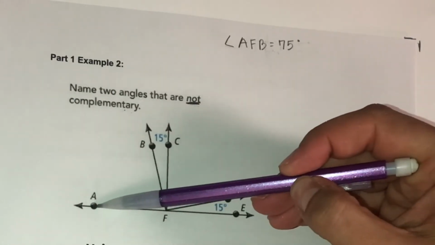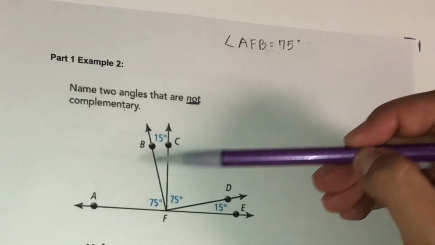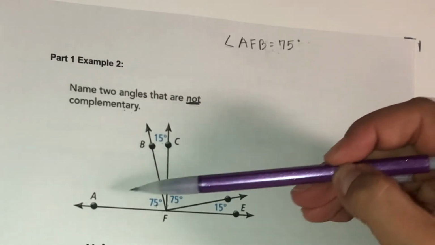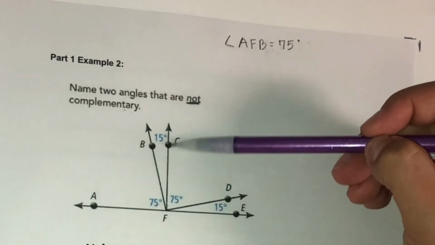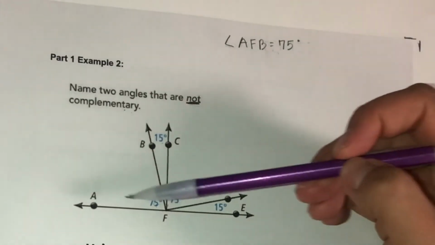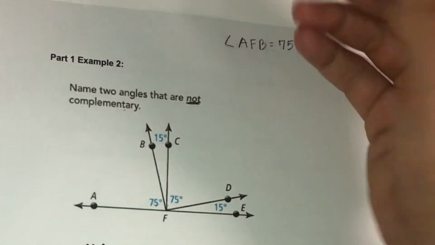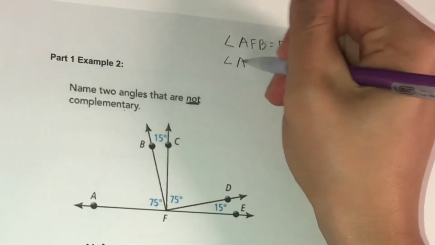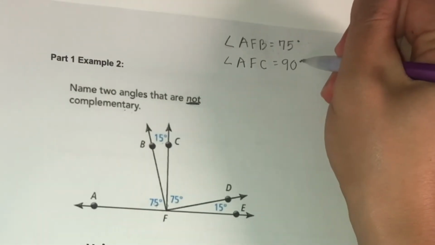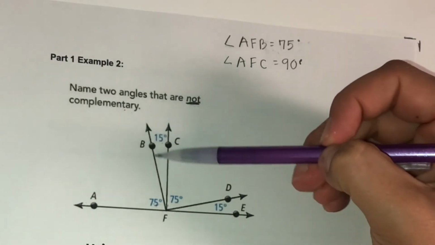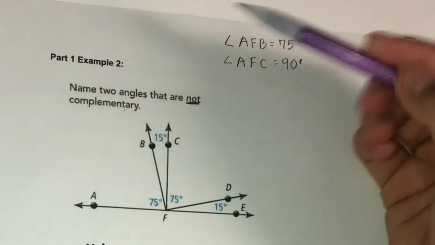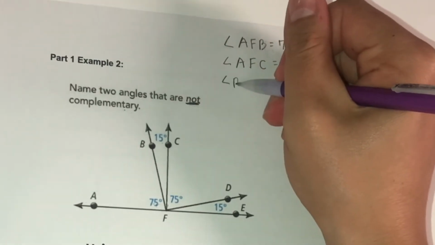My next angle, angle AFC. So I know angle AFC is made up of these two angles. So if I add 75 plus 15, that's going to give me my measure of angle AFC. And I know 75 plus 15 is 90 degrees. So angle AFC is 90 degrees. My next angle is right here, this little tiny one. Angle BFC, I know, is 15 degrees.